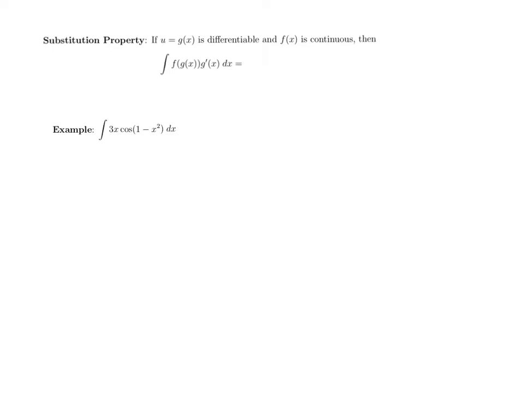Now, when using a substitution, you need to come up with a choice of u, which is typically going to correspond to an inside function, usually the largest possible inside function we can find. So if u is equal to g of x in this case, remember how we calculate du. It's g prime x, the derivative of that function g, times dx.